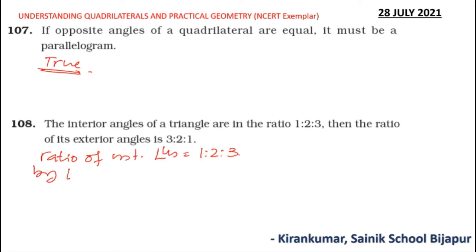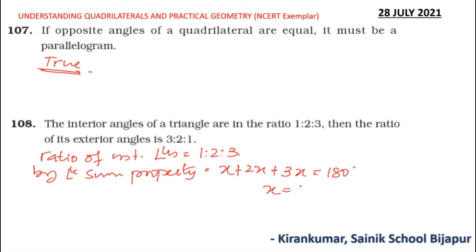By angle sum property, we have the sum x plus 2x plus 3x will be 180 degree. By this, the value of x we can find it is 30 degree. Therefore, the interior angles will be 30 degree, 2 times of 30 is 60 degree, 3 times of 30 is 90 degree. These are the interior angles.